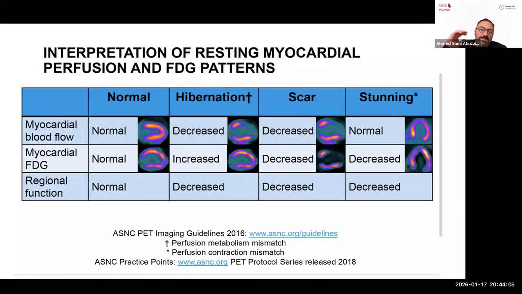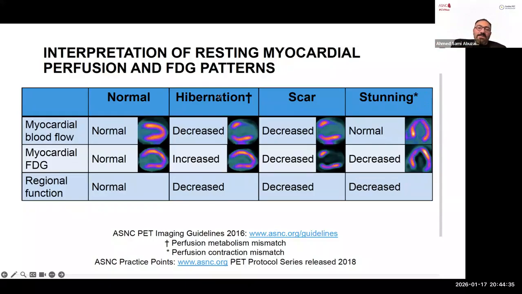You give them thrombolytics or get a stent and open the blood vessel, and we may have a stunned myocardium and decreased ejection fraction. We restore the blood flow and we think they have normal perfusion because we did the work, we opened the blood vessel, but the myocardial uptake, at least with the FDG, is going to be decreased. And that's what labels and defines stunning. This is where we see a perfusion contraction mismatch.